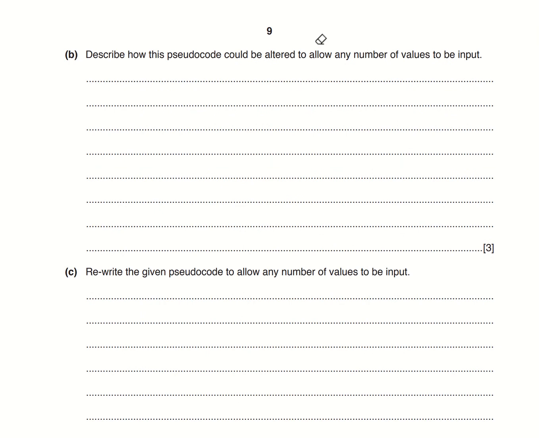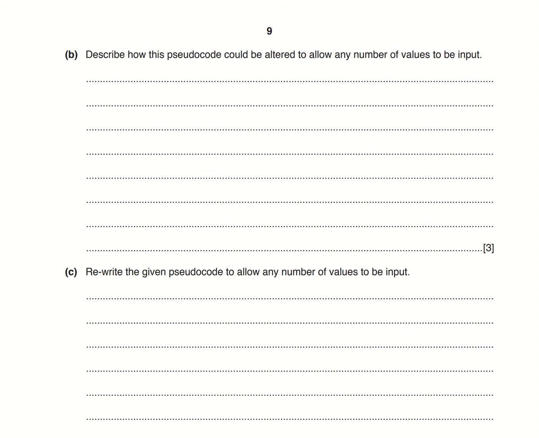Describe how the pseudocode could be altered to allow any number of values to be input. So it could be changed in a way so that any number of values can be input. For example, in the beginning the user inputs how many values they want to enter, and then you enter that many values with a for loop, for count 1 to user input.